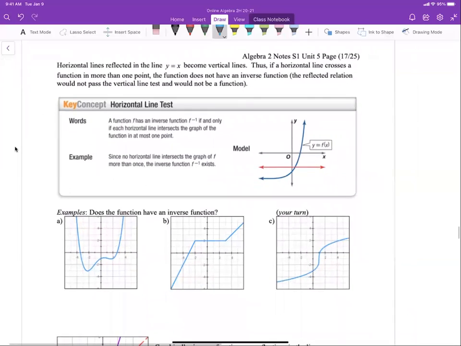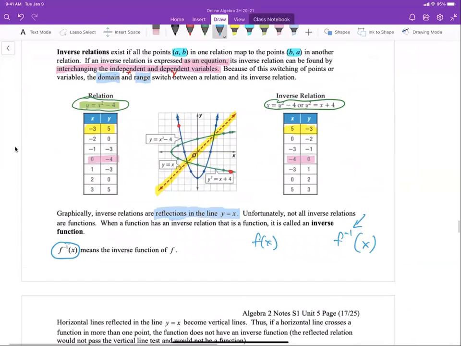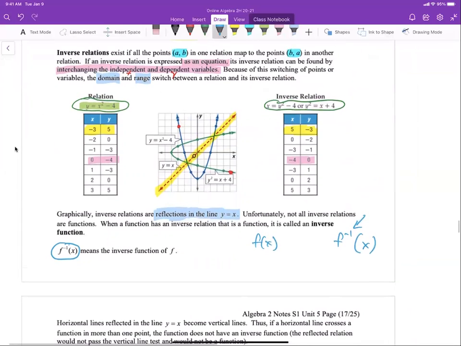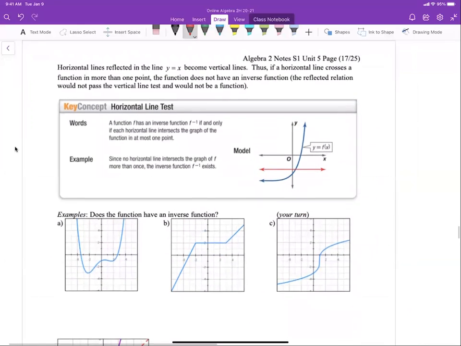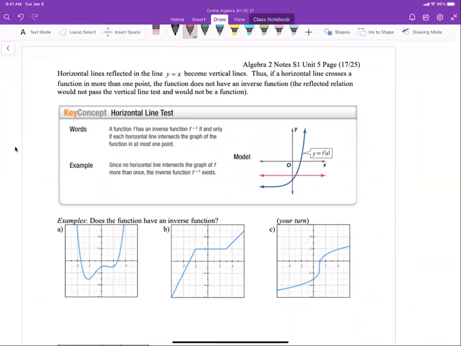Like what I showed you up here, this original relation, which is shown in blue, is a function. It meets the vertical line test, but its inverse relation does not. So how do we graphically determine if a function has an inverse function?